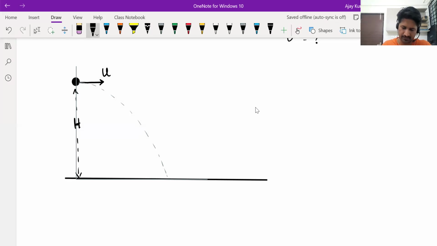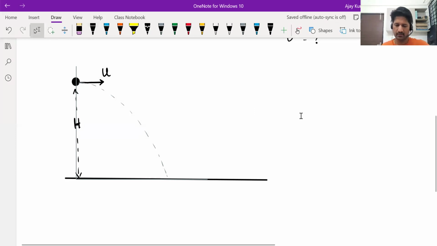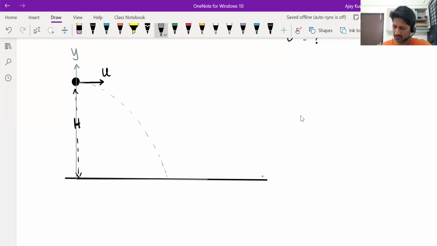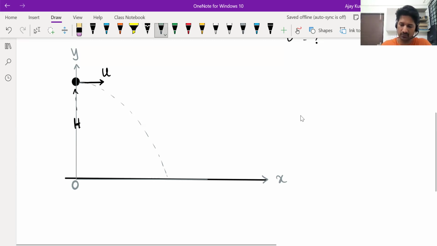This height is h. So the vertical direction is now the y direction. The horizontal direction is the x direction, and this point on the ground is the origin for us. There's no rule that you have to take the origin at that point. For convenience, I'm taking it there. You can take the initial position of the object also as the origin. Nothing wrong in that.